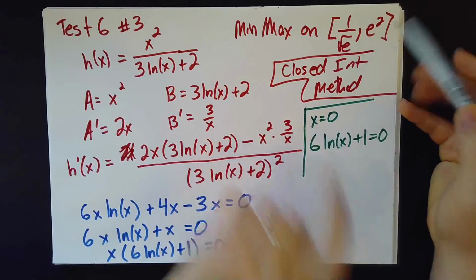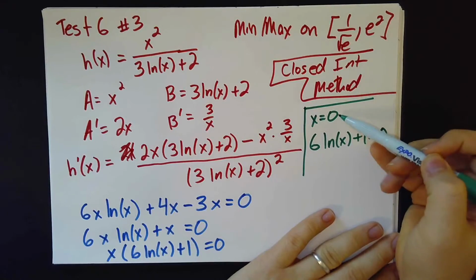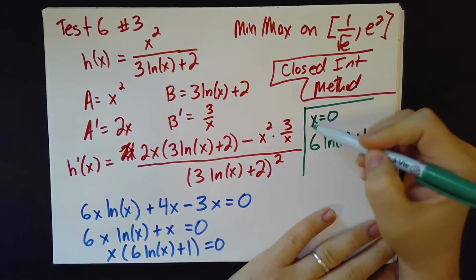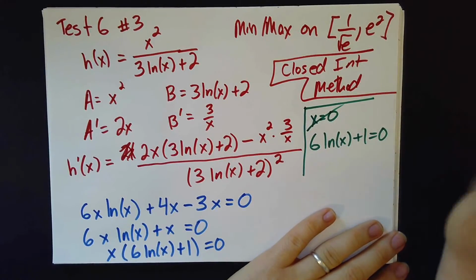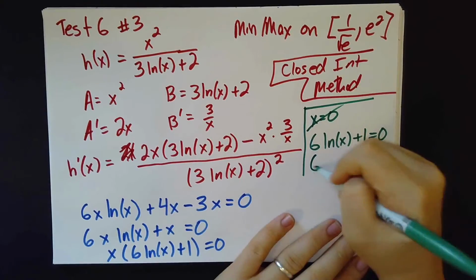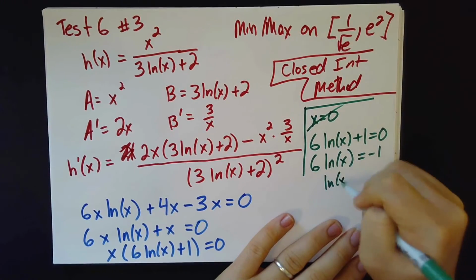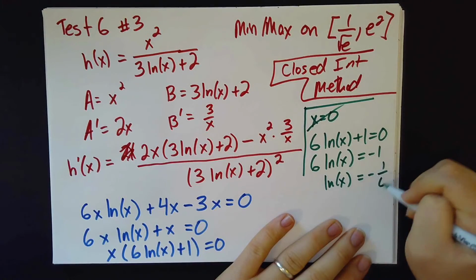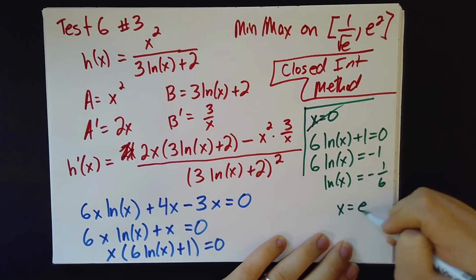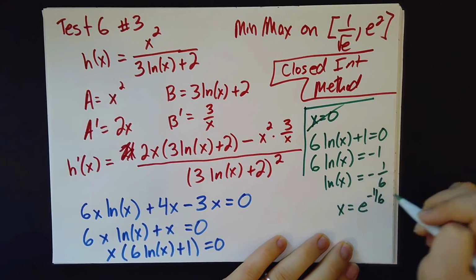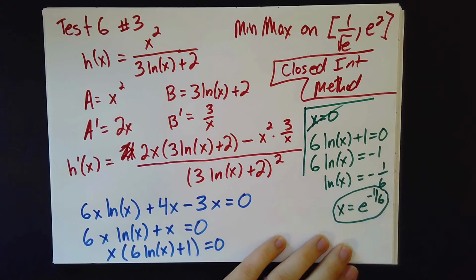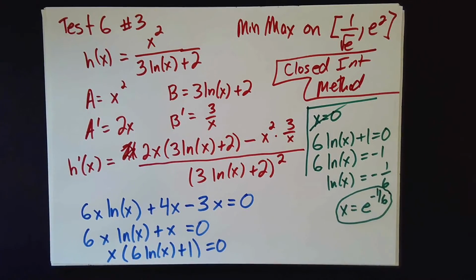One, 0 is not in this interval, and two, even if it was, I still couldn't plug 0 into this function, so we're just going to throw that one away for either of those reasons, and we'll solve this. Okay, so that is our critical number: x equals e to the minus 1/6.